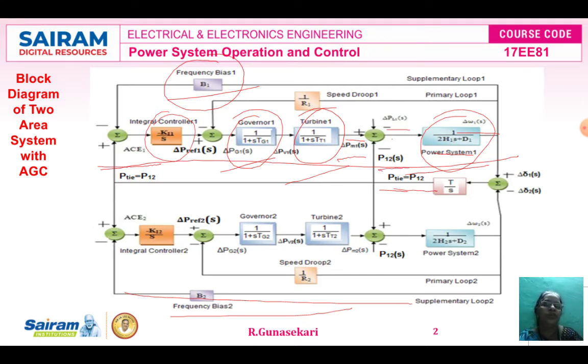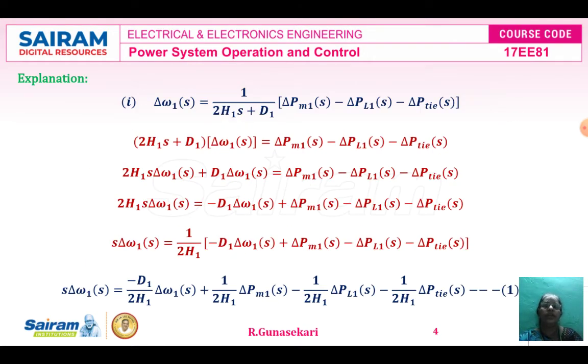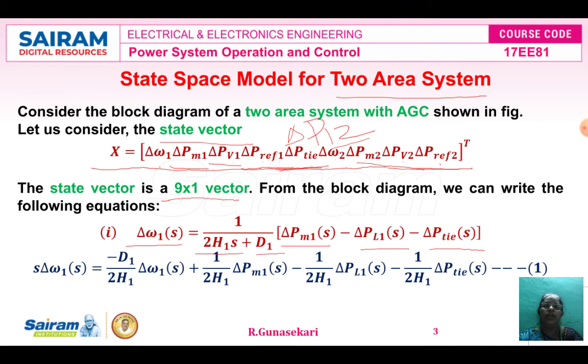So the equation is del omega 1 of s equals 1 divided by 2H1s plus D1 into del Pm1 of s minus del PL1 of s minus del P tie of s.